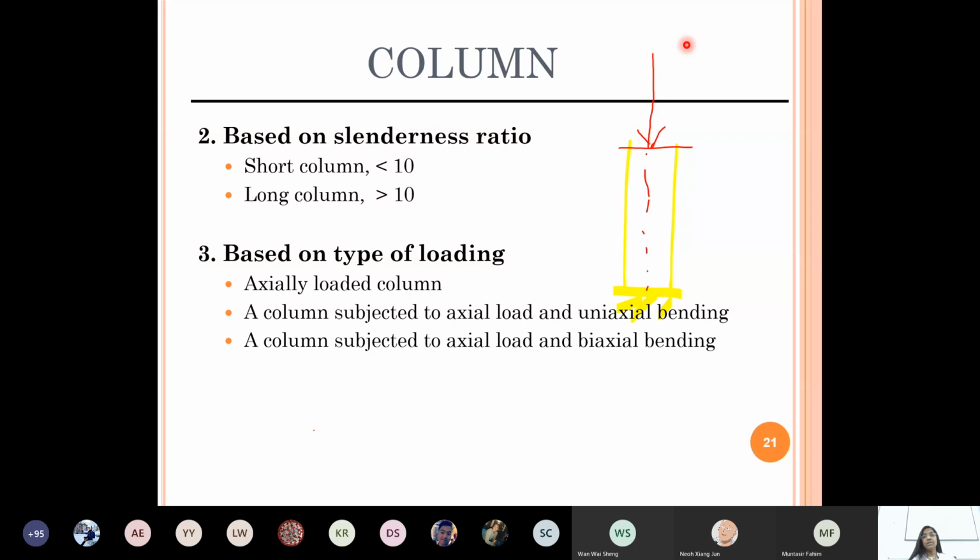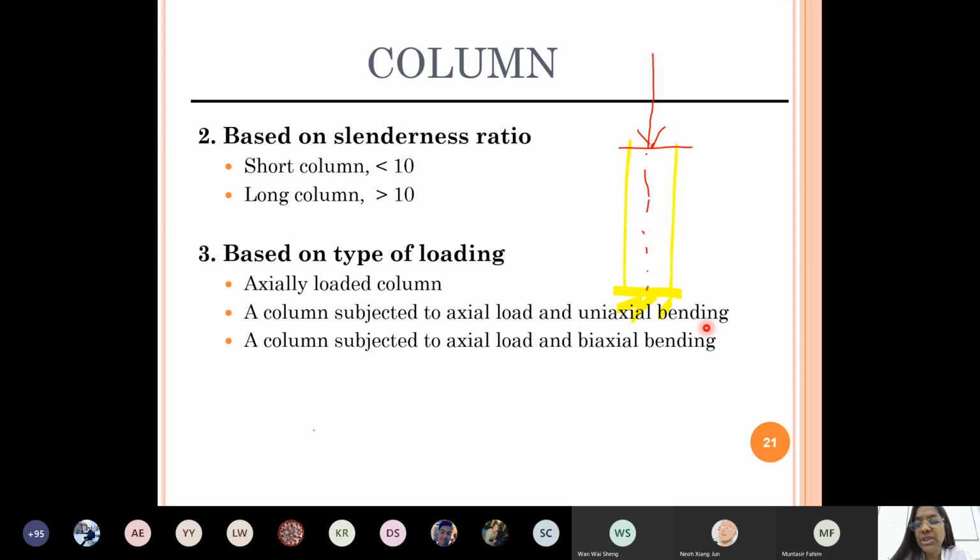When you are constructing columns, especially the columns for a water tank, columns for a bridge, or a flyover, if you take initially, it looks like a cantilever beam, supported to the ground. As it grows in height, it looks like a cantilever beam. Hence, it will no longer be subject to only axial load. It will also have other types of failure, which is bending. It acts as a beam. That's why it will have both compression and bending.